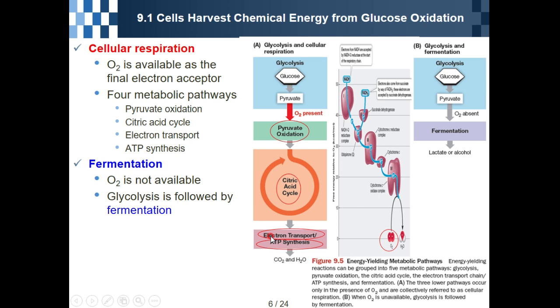We will learn the electron transport pathway, starting from complex 1 to complex 4. O2 functions as the final electron acceptor, so it is changed to H2O. The subsequent pathway after glycolysis is called cellular respiration.